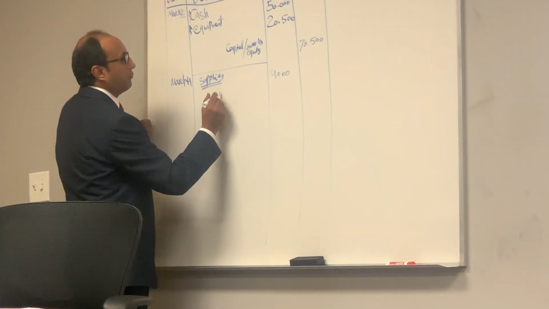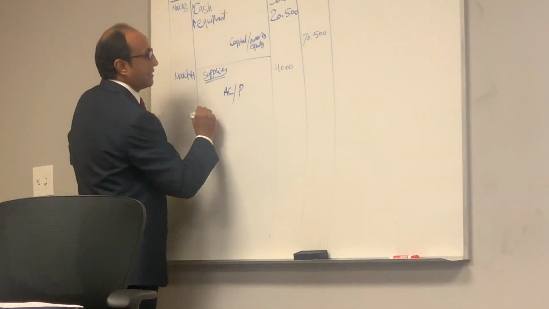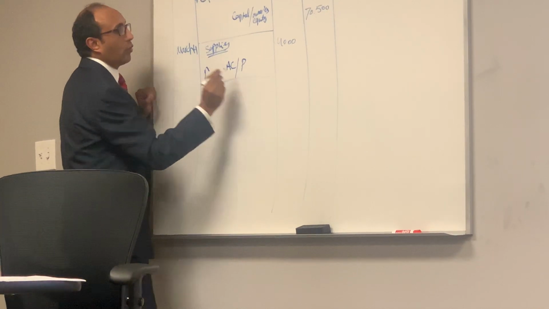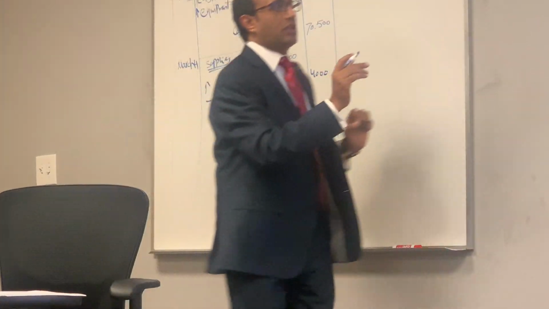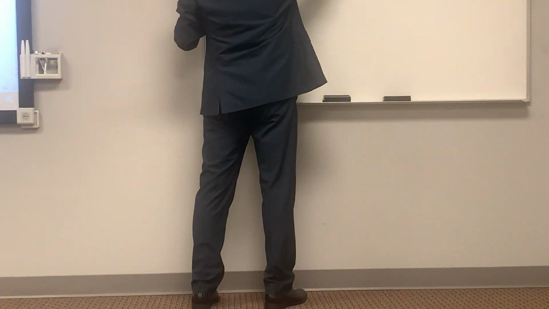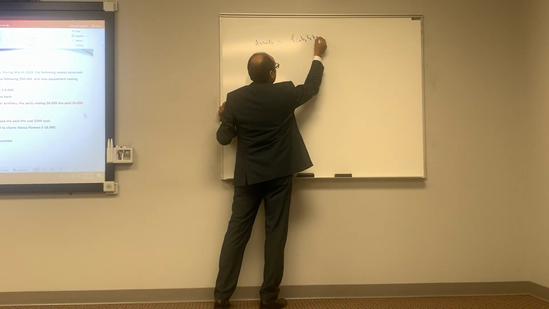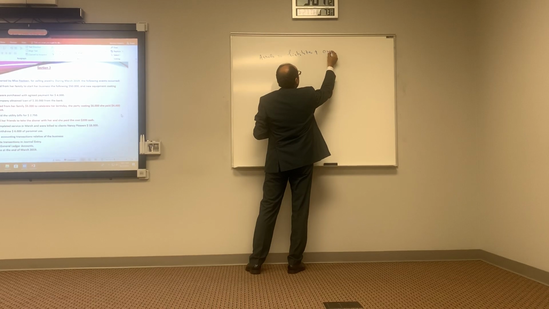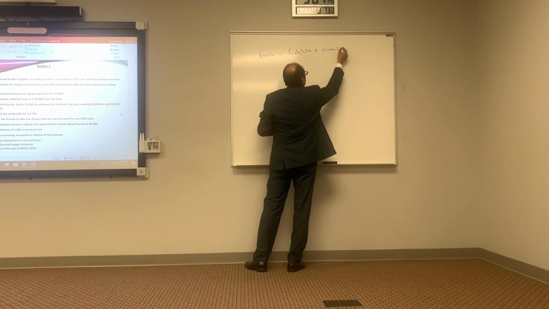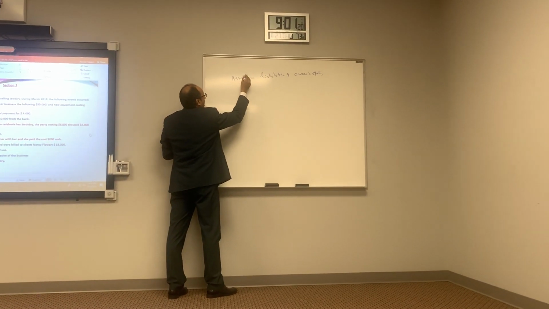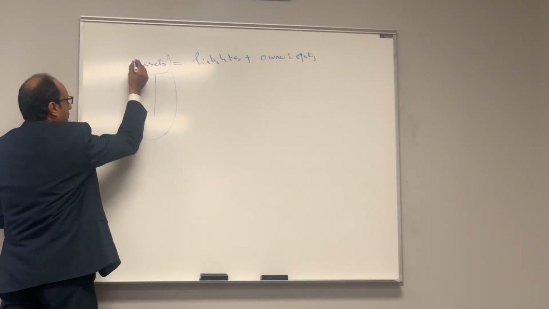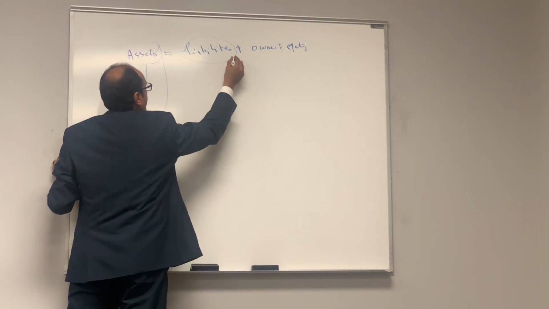So accounts payable in the credit side goes up too, with $4,000, because we know our equation: assets equal liabilities plus owner equity. We have two sides here, and we also have two sides here.